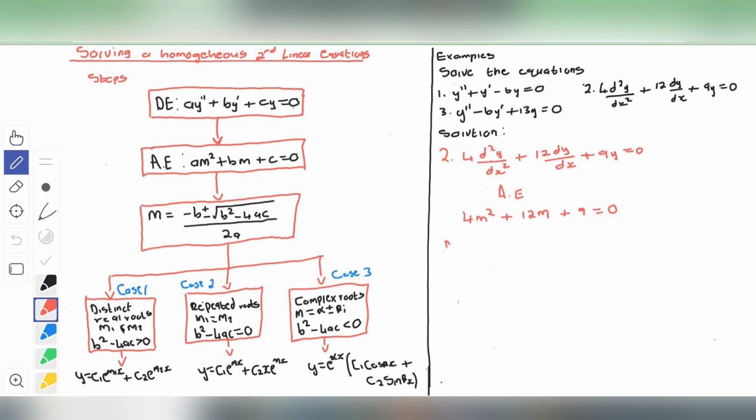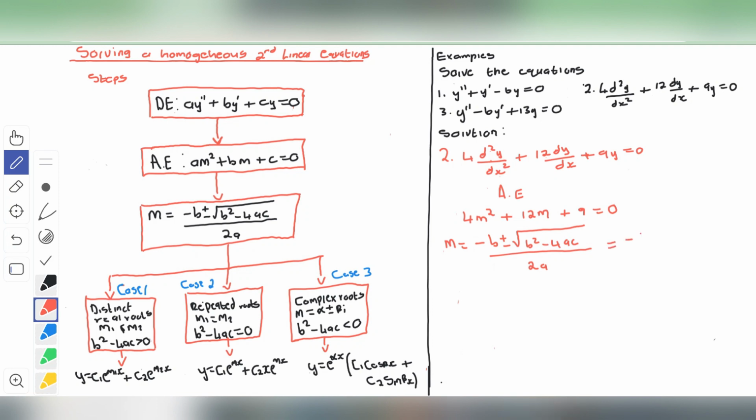So m is equal to negative b plus or minus the square root of b squared minus 4ac, all over 2a.